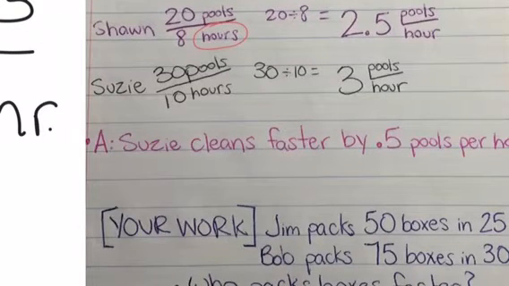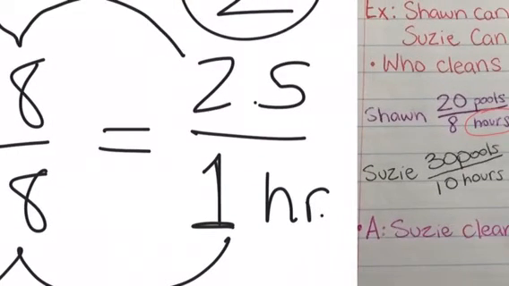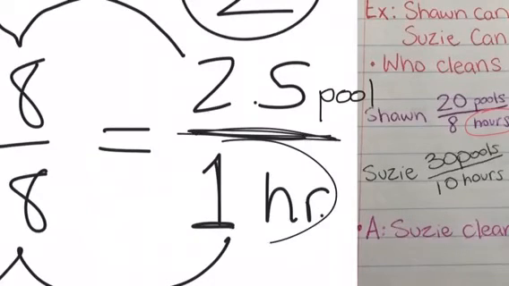Sean goes 20 pools over 8 hours is 2.5 pools per hour. And the pools per hour is very important. Over here, we have our 2.5 pools per, which is this line, 1 hour.